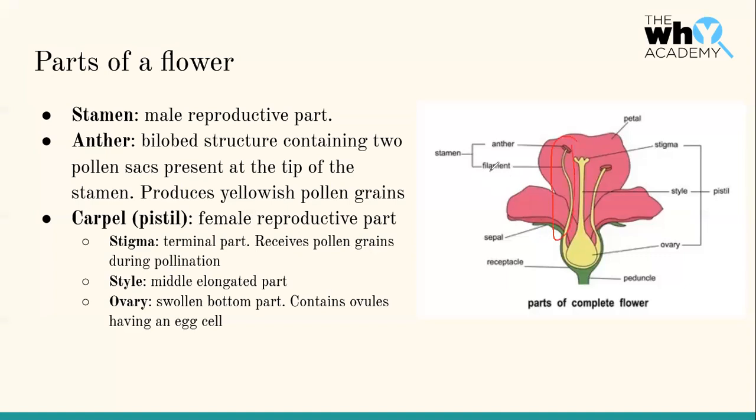It has two sub parts, which are anther and the filament. This brown bilobed structure present on top is the anther. It contains these two brown pollen sacs, and they produce yellowish pollen grains.